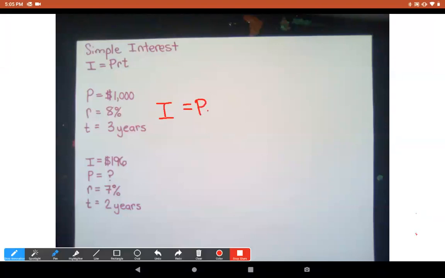I equals PRT, where P is 1,000, R is a rate of 8%. 8% in decimal form is 0.08 times 3, where T is in years.